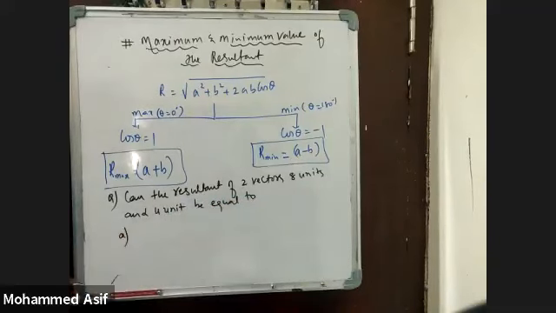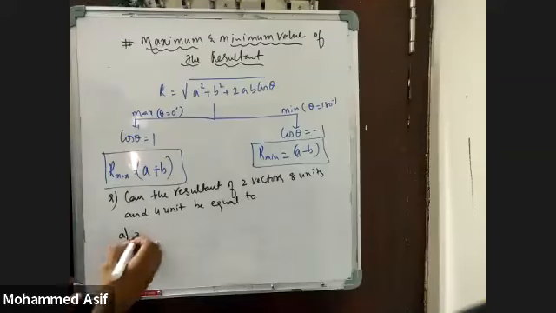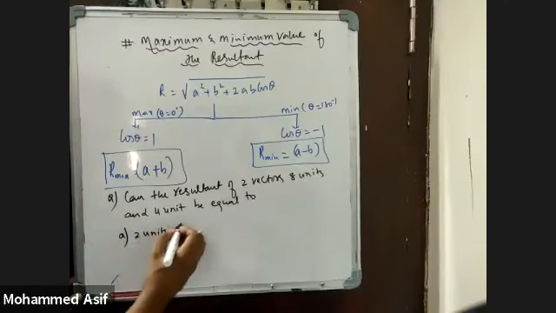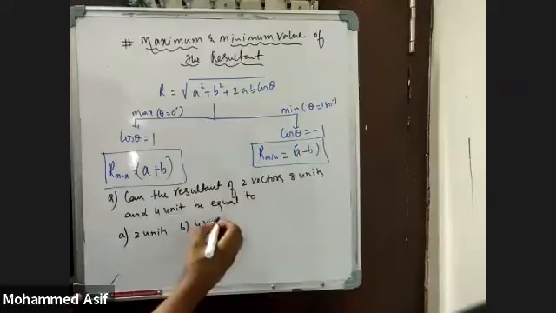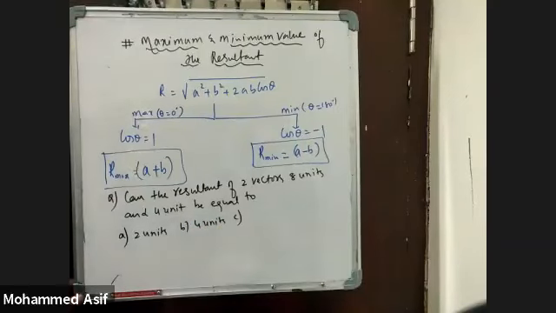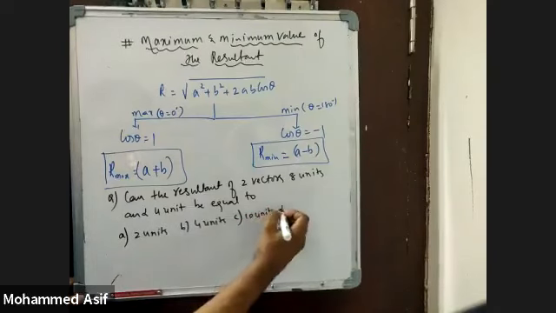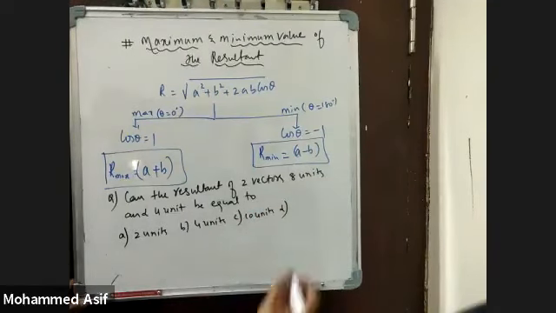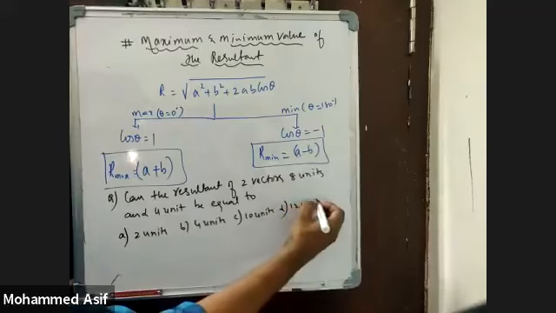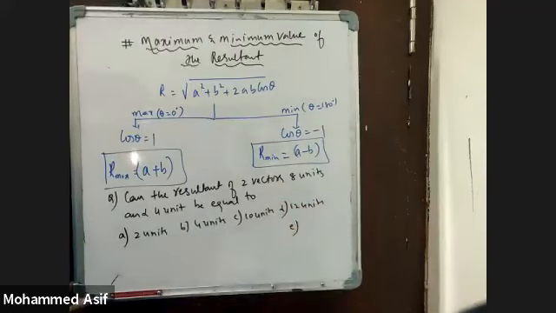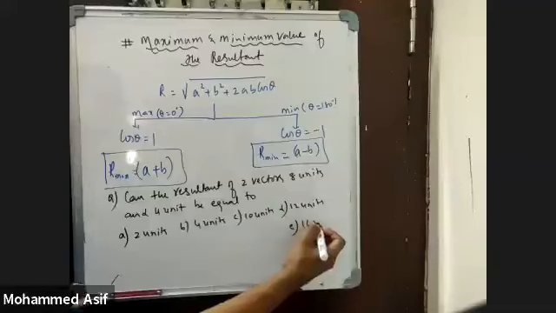I'm giving the options for this one. First option is 2 units. Second option is 4 units. Third option is 10 units. Fourth option is 12 units. And fifth option is 16 units.